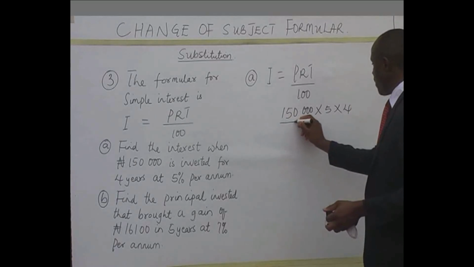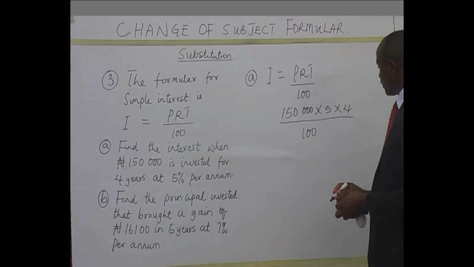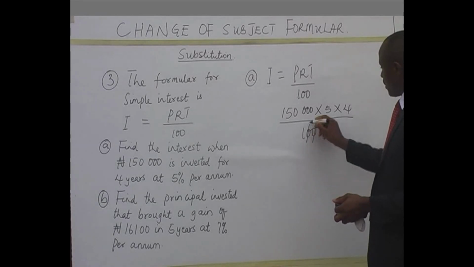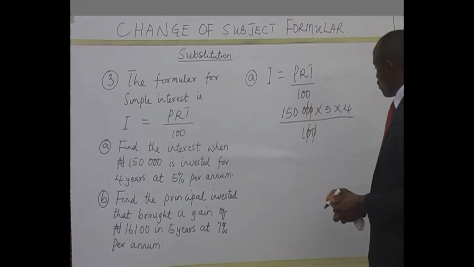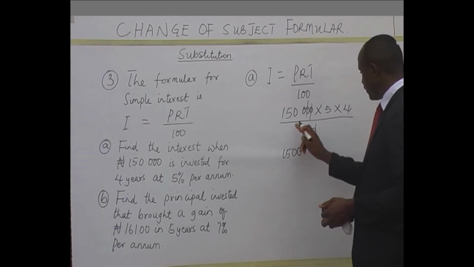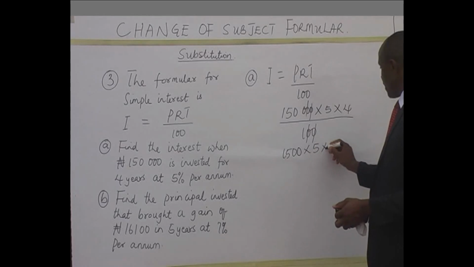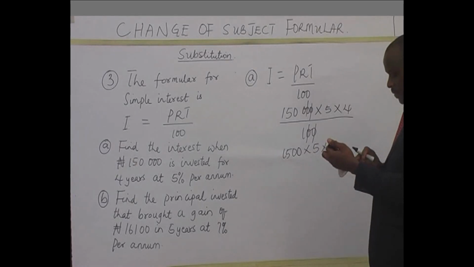So all will be divided by 100. You can cancel this, so you have 1500 now times 5 times 4. Can you use a calculator?